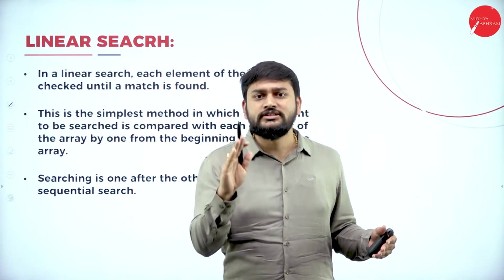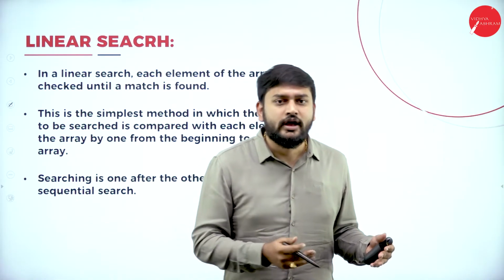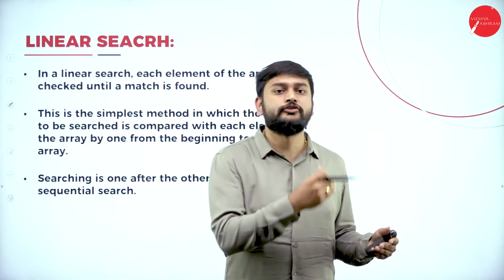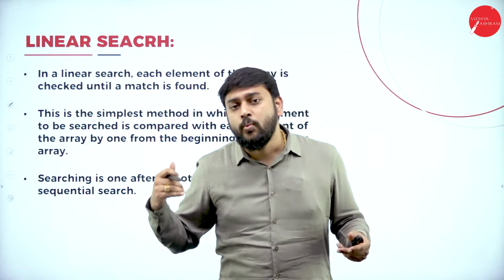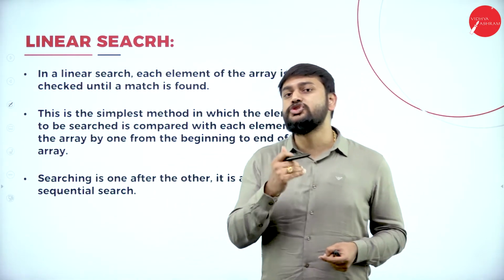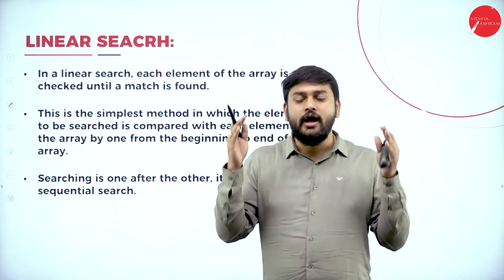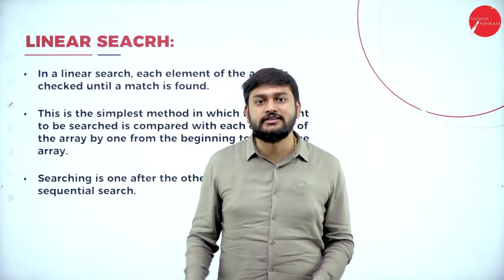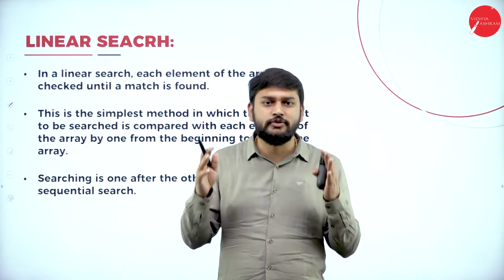I will check, is it the DDLJ CD? No. I will go to the second CD. I will check. I'll go to the third CD. I will check. Fourth, fifth, sixth. One by one, sequentially, I will be checking. That is what I will call a linear search. It's very simple to understand.